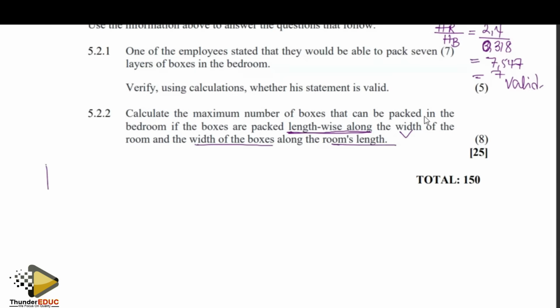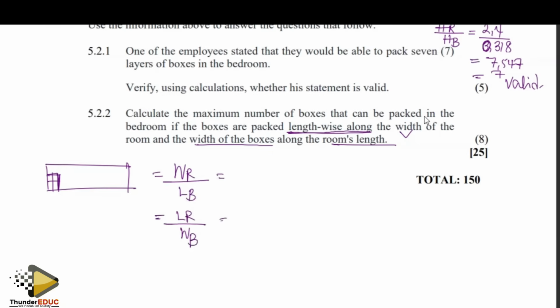So simply meaning, when they bring the reams they are going to be packed like this in the long method. So the width of the room is going to be divided by the length of the box, and the length of the room is divided by the width of the box.